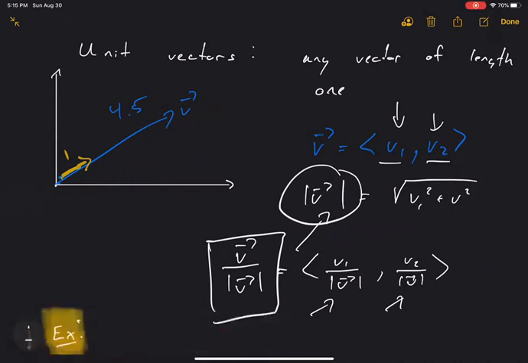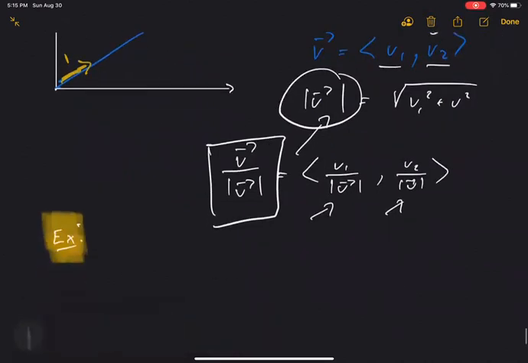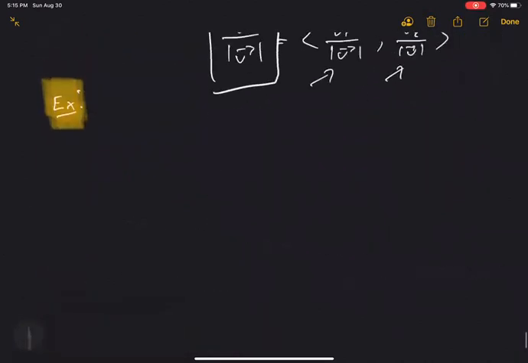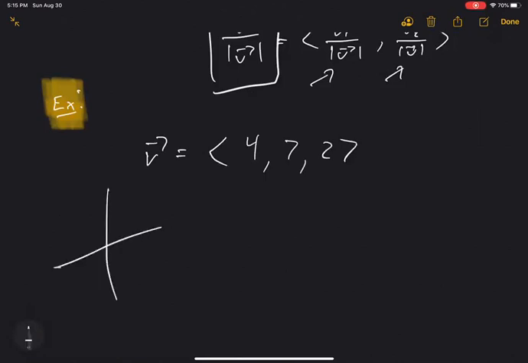So for example, let's continue on with unit vectors for just a second. Oh, looks like I got space for an example here. Let's say I have the vector V equals 4, 7, 2. Okay. So in R3, just doing a quick ugly sketch.